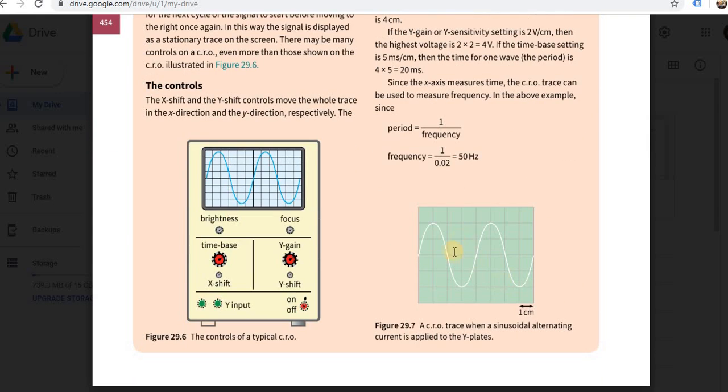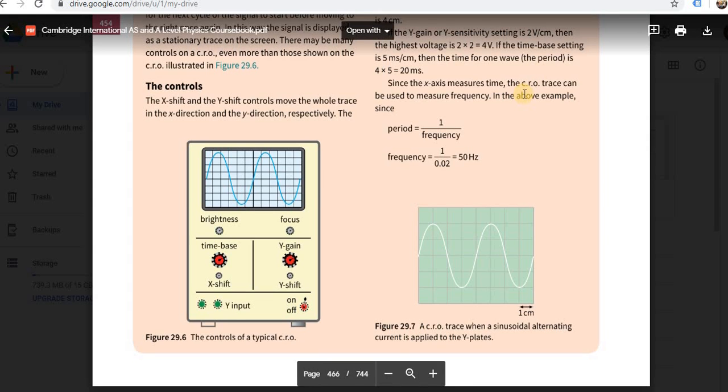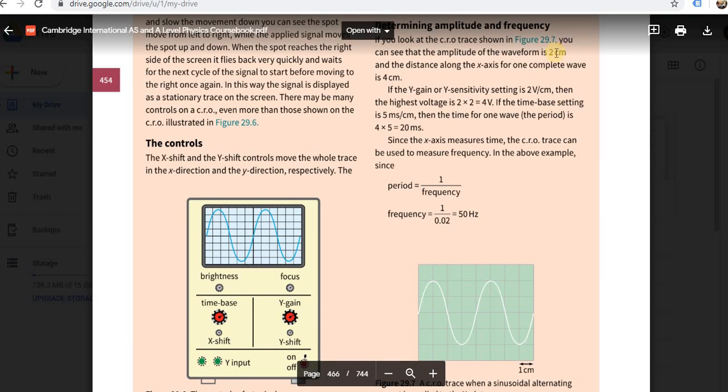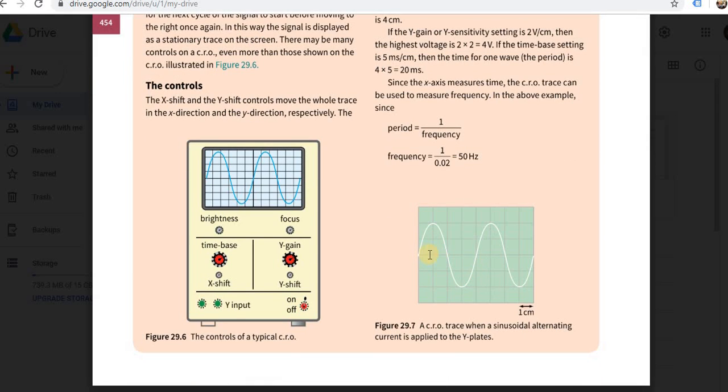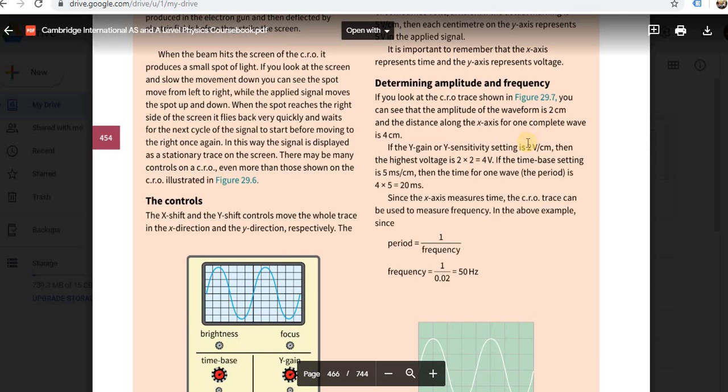Each division or square is 1 centimeter by 1 centimeter. So the amplitude is 2 squares, which is 2 centimeters. And for one whole wave, 1, 2, 3, 4, that is 4 centimeters in the x-axis direction. That's what they say here.